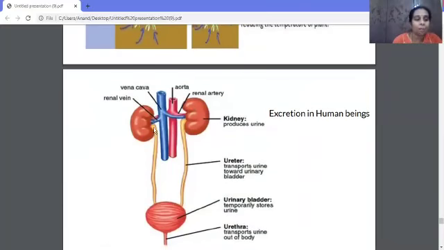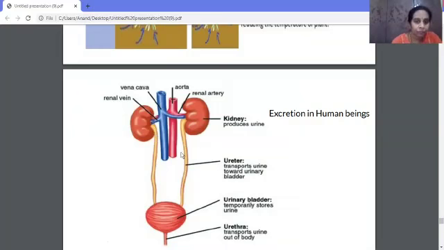You can observe here a bean shaped structure. Can you see? This is the kidney. It's a bean shape, right? So the excretory system of man includes two kidneys. See here, two kidneys are present. And you can see a pipe-like structure which arises from both the kidneys. We call it the ureter.